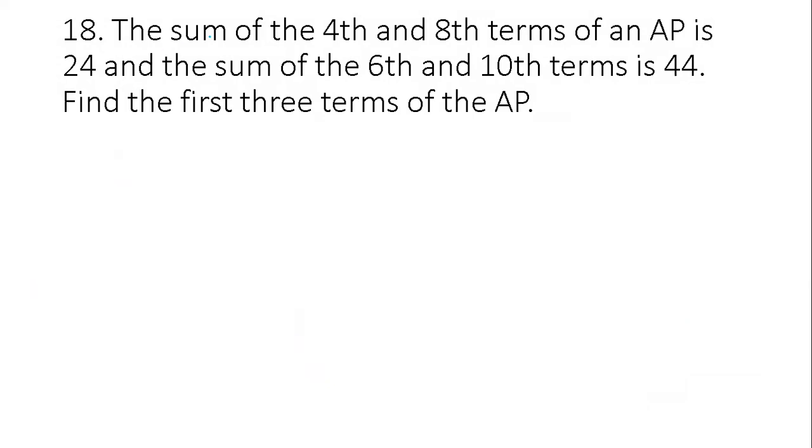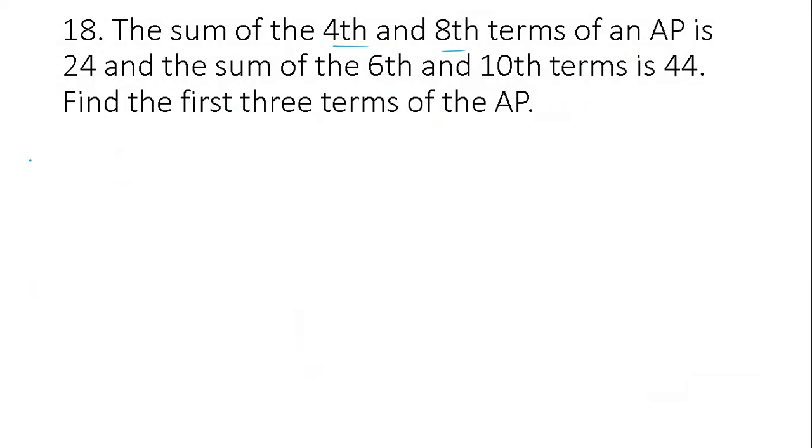18th one. The sum of 4th and 8th terms of an AP is 24 and the sum of 6th and 10th terms is 44. Find the first 3 terms of the AP.